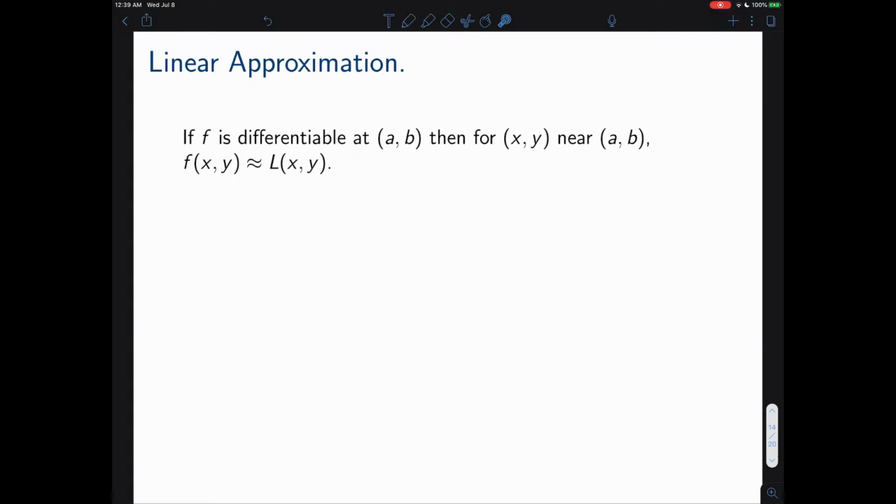So the key idea here is that if f is differentiable at a point (a, b), then for nearby points, for any point that's near (a, b), f(x, y) is approximately equal to L(x, y), the linearization.